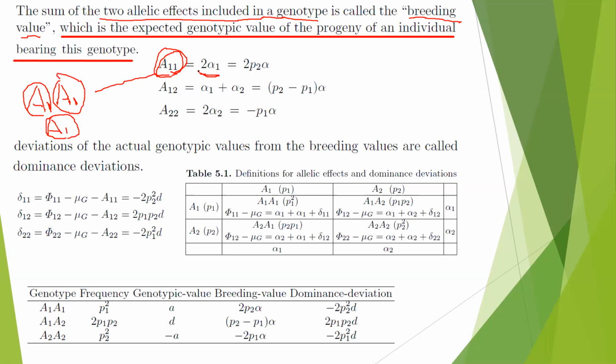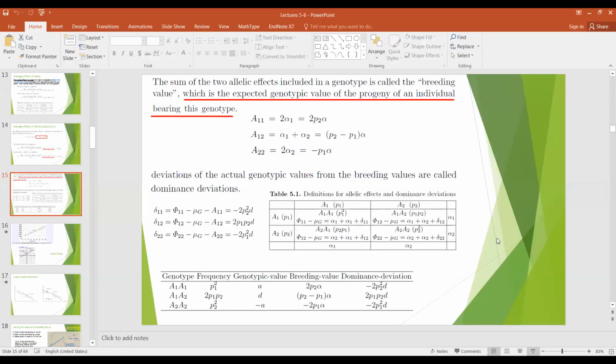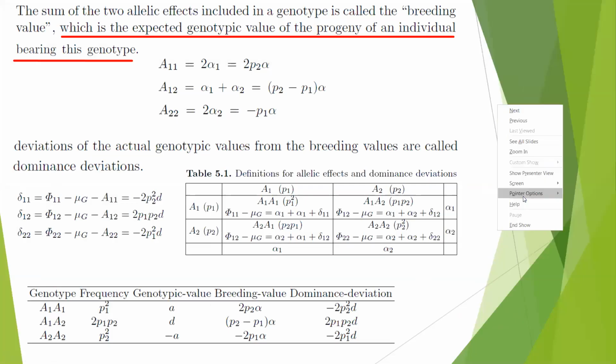Because we have derived the expression for alpha 1, you can easily rewrite this formula into this using the allelic substitution here. Let me clean the slides a little bit. All right.